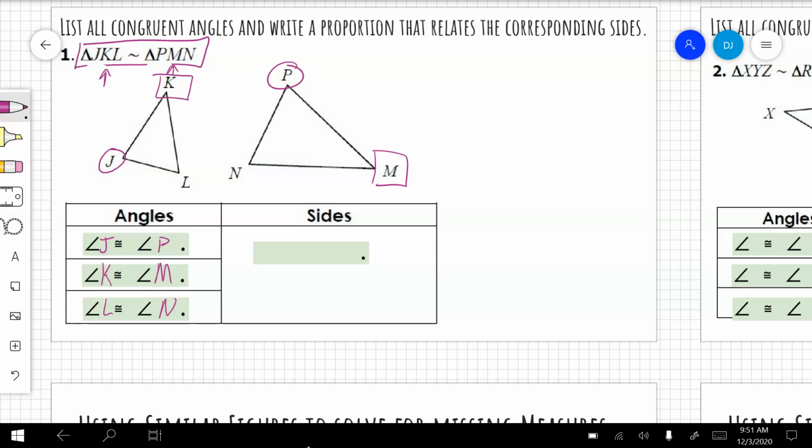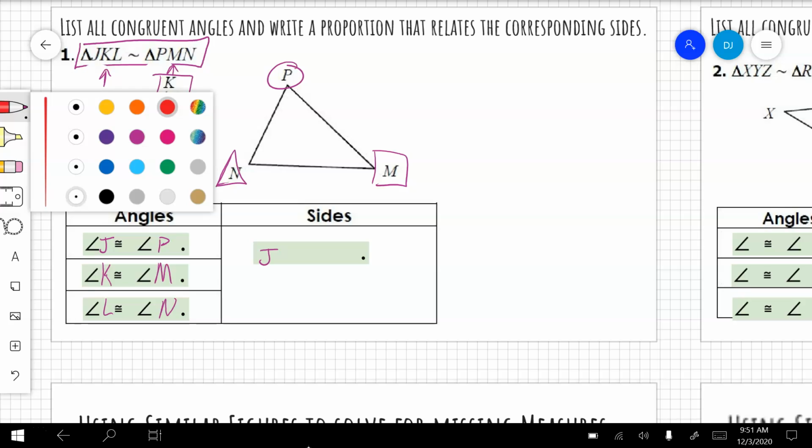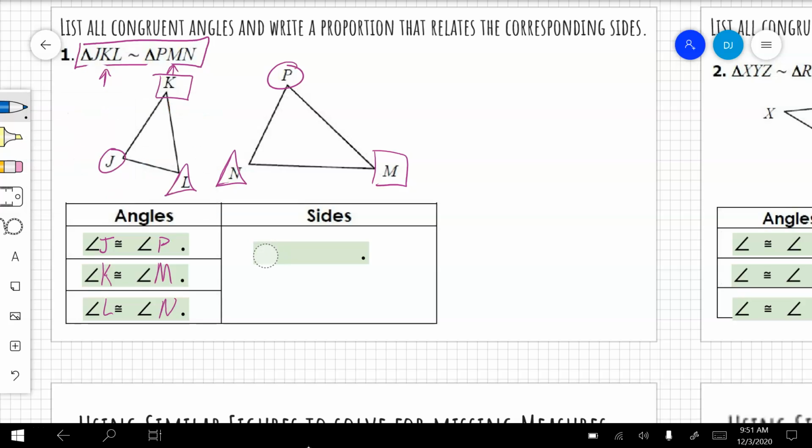All right. So notice how I drew each one with a different shape, and the angles can help us out here. So if I start with side J, and I'm going to change color here, maybe to red or blue. From J to K, the corresponding side length is going to be in the denominator.